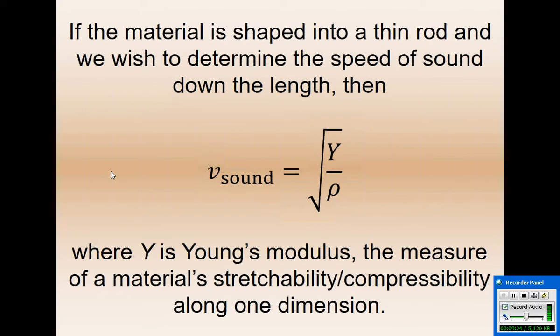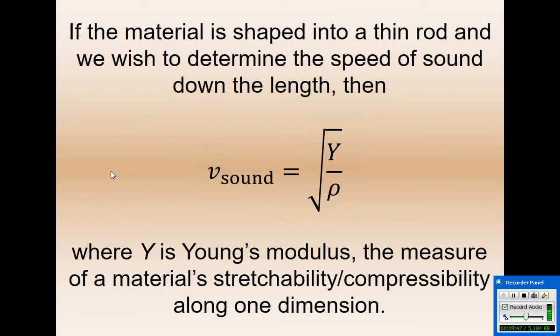If you're in a large volume like air, and I hope you are in a large volume like air, using the bulk modulus is pretty good. There's no particular direction in which you have a lot more air than another direction. You have as much air to the left as to the right, forward to back, up and down. That's not always true for, say, solids.